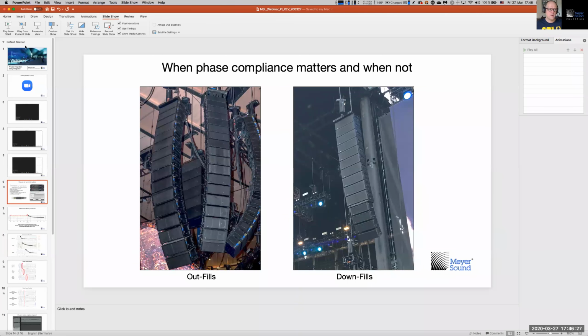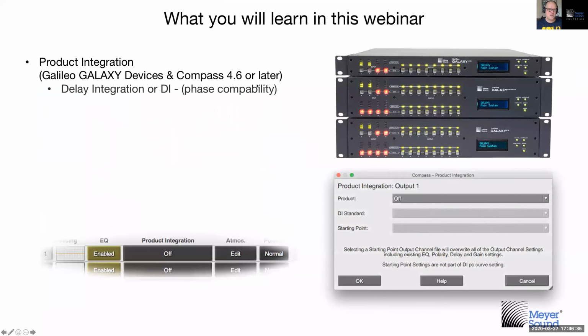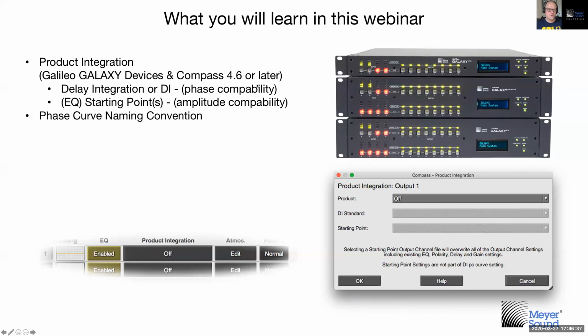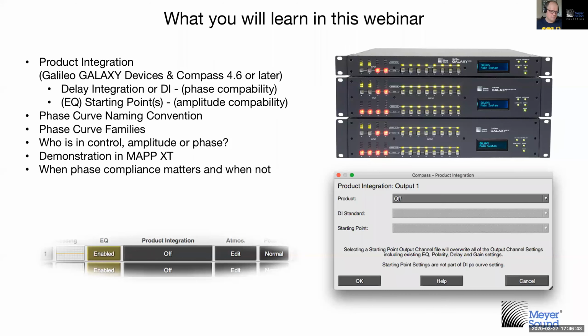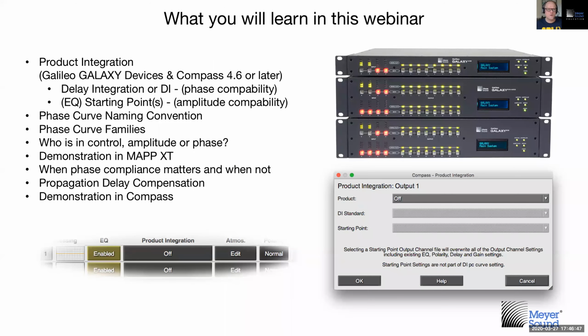So in future webinars, we will cover the other portion of the product integration feature, which is the EQ starting point, because today we've only talked about delay integration. Let me make sure that we did everything on the list. We looked at how to name these curves according to a convention. We looked at the different curve families.